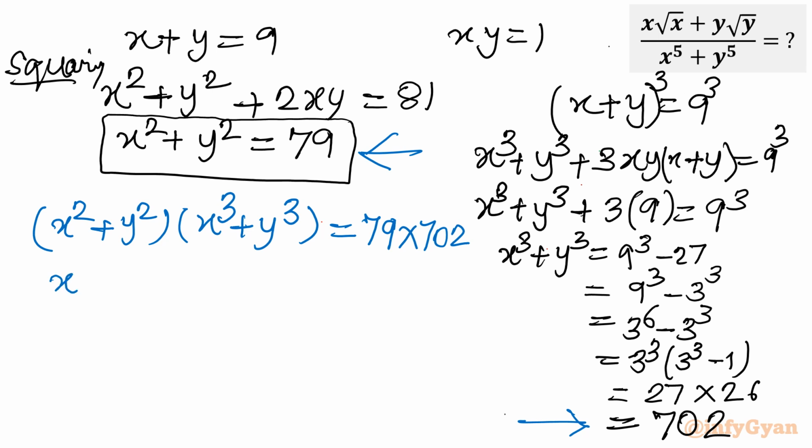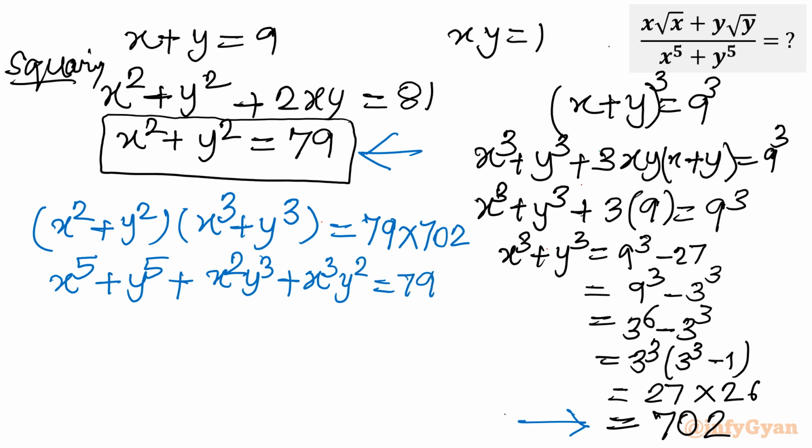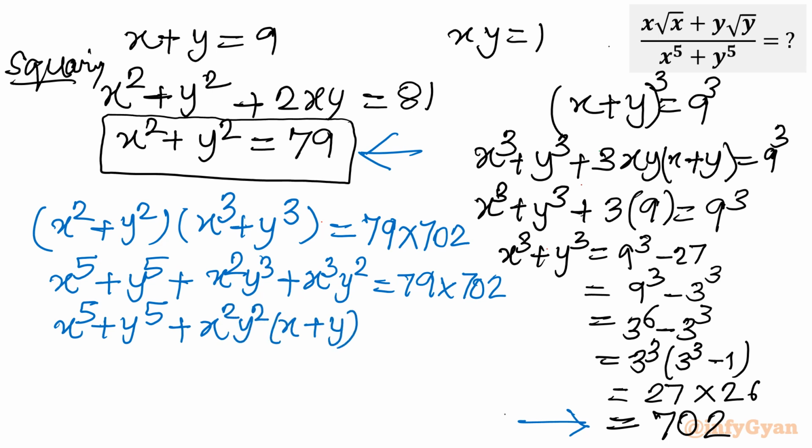Left hand side, by cross multiplication, x power 5 plus y power 5 plus x square y cube plus x cube y square, and right hand side the product of 79 and 702. Now I will take common from here: x square y square is common. In bracket I will write y plus x, the same as x plus y, equal to 79 times 702.